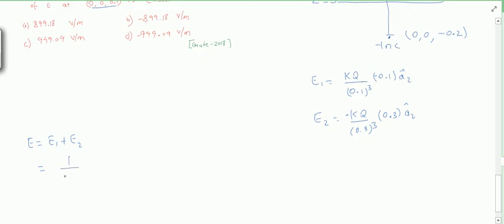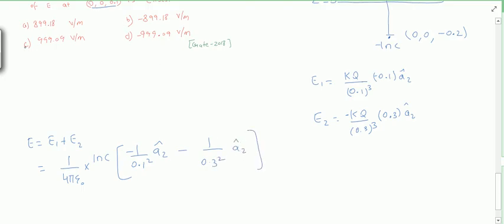So it will be 1 by 4 pi epsilon naught into 1 nanocoulomb charge, which can be taken common, and what remains is 1 by 0.1 square, minus az cap, and due to the minus sign, here also minus will come, 1 by 0.3 square az cap.